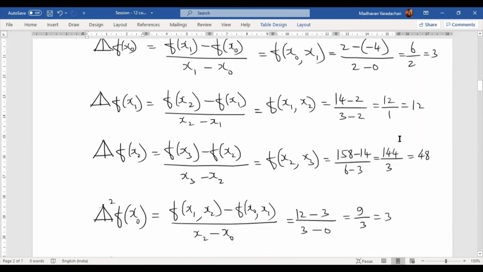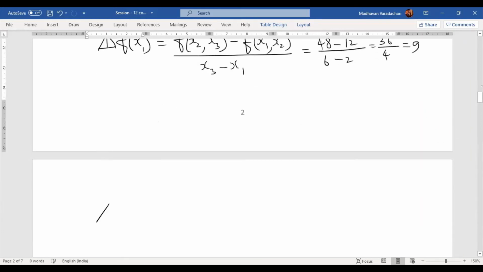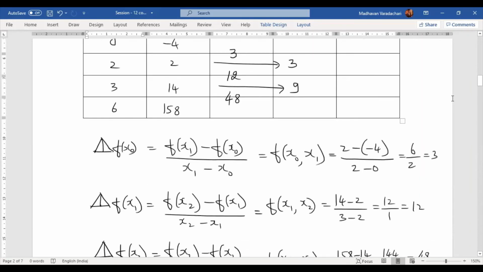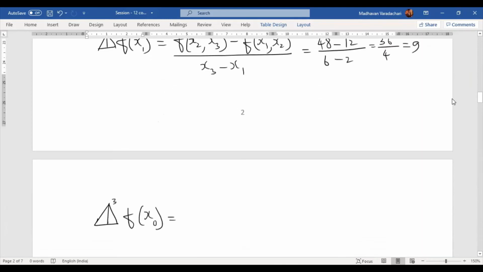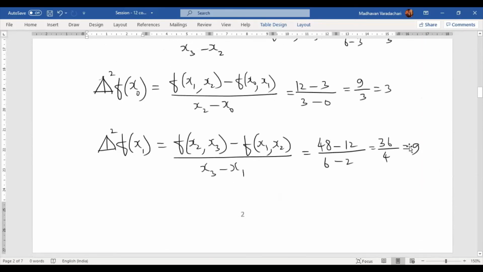Now we can calculate the third order difference. So what is that? We are now taking these values, 9 and 3. What is 9? 9 is this, which can be written as f of x1, x2, x3.